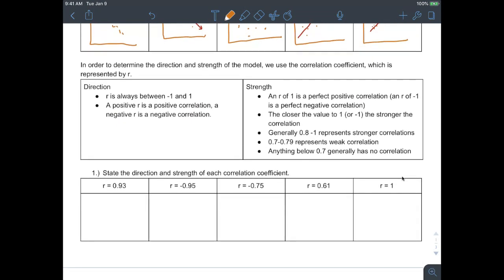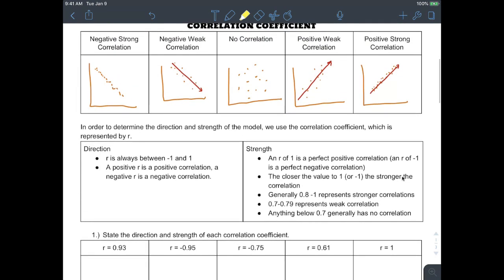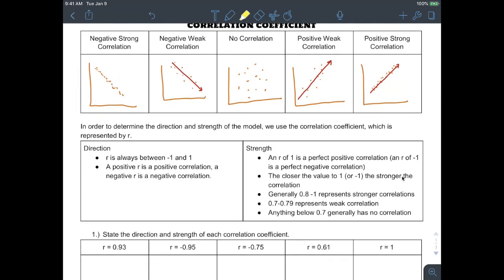A couple things to note is direction for a correlation is determined by our R value, which we call our correlation coefficient, which is represented by R. So the direction is shown by if the R value is positive or if it's negative. If the R value is positive, we have a positive correlation.